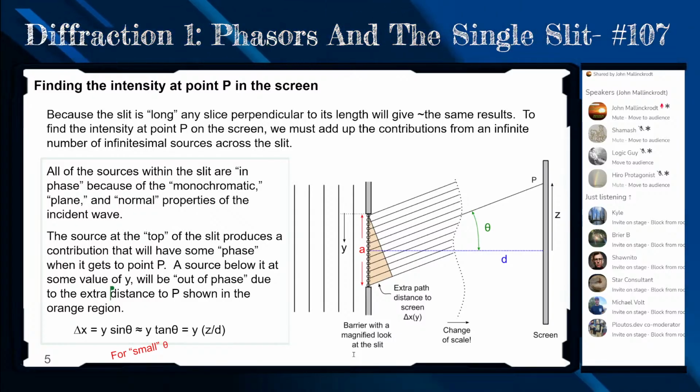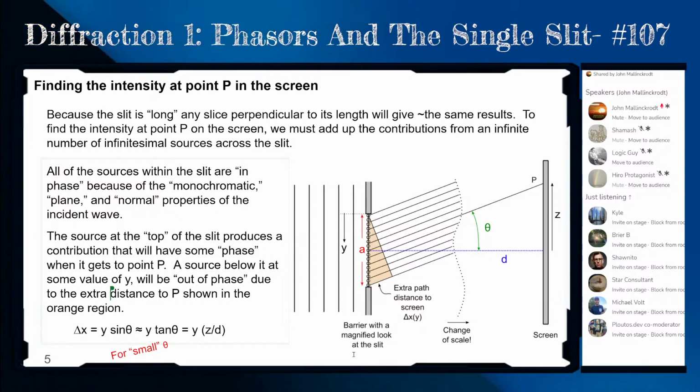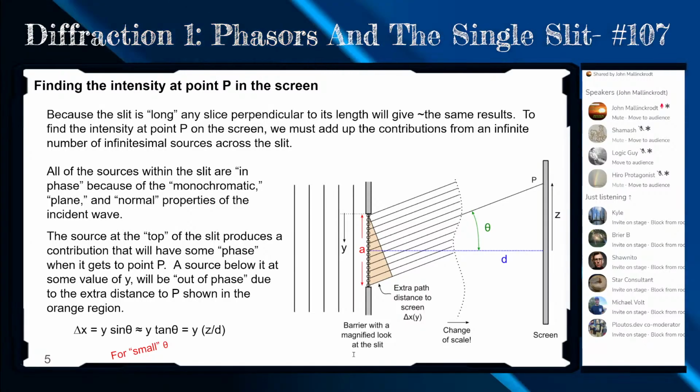But for small angles, the sine of theta is basically the same as the tangent of theta. I'm just going to say that. If you know your trig, you understand why that is. And then you also understand that the tangent of that angle theta is the coordinate z divided by the distance d from the aperture to the screen.